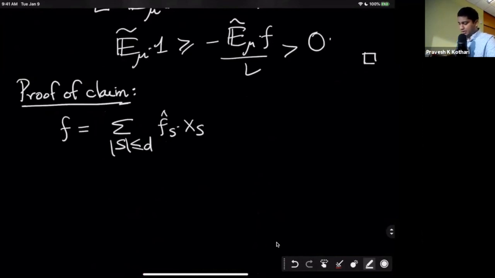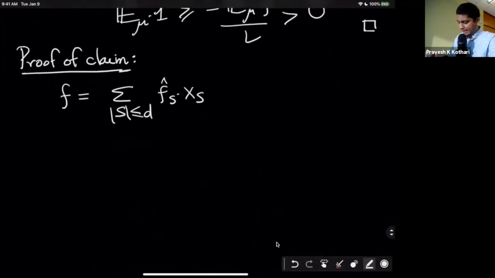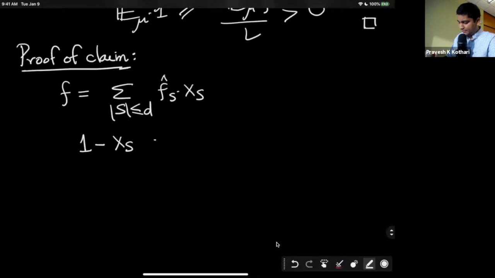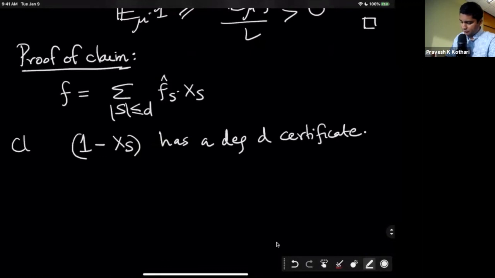What we're going to observe is that 1 minus x_S has an SOS proof of non-negativity. So 1 minus x_S has a degree D certificate. This is what we will prove. This is a claim within a claim. But at least you see that if this is true, then we are done.